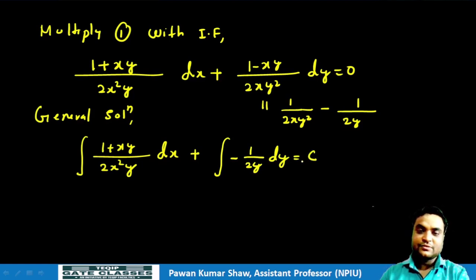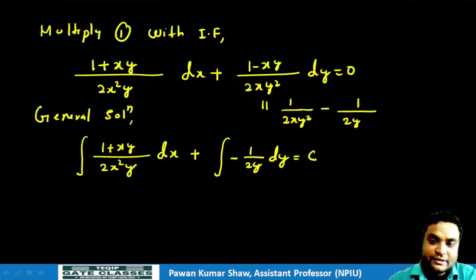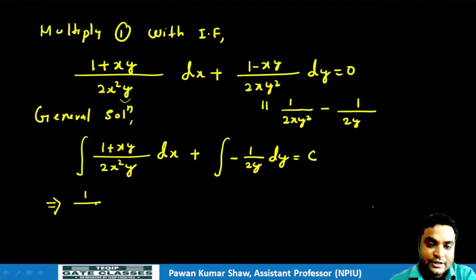हम यहाँ पर दूसरे तरीका से भी ले सकते हैं, इसको ले लेंगे. In that case we will take in our M term the part which does not contain y, वैसे भी solution लिख सकते हैं. So whatever you apply you will get the same solution. Okay, now we want to integrate this with respect to x, and here we assume that y is a constant. So we can keep 1 by 2y outside and we can write 1 plus xy divided by x square.